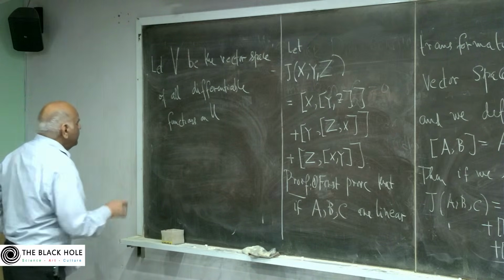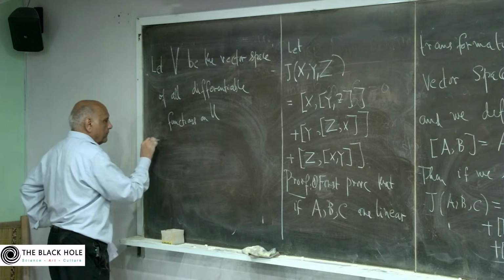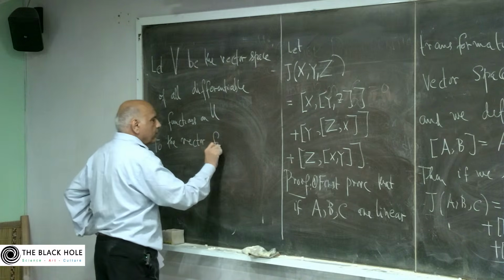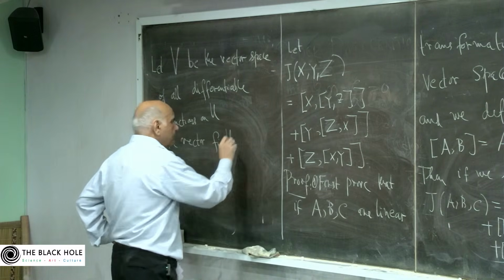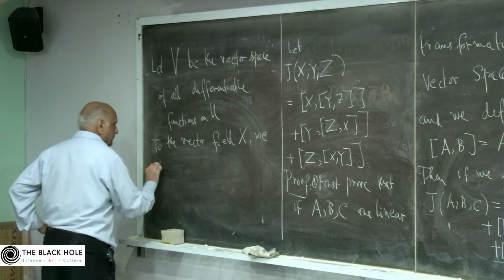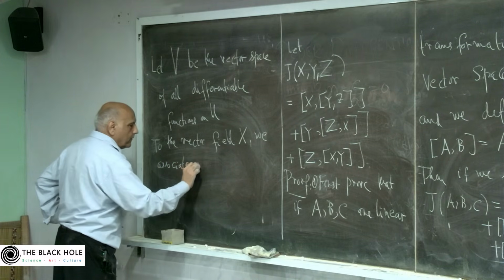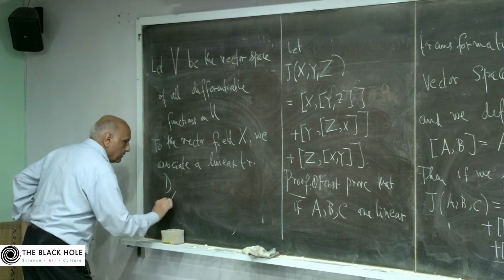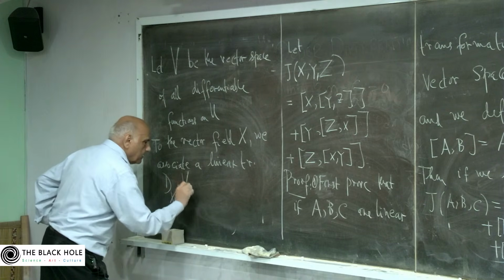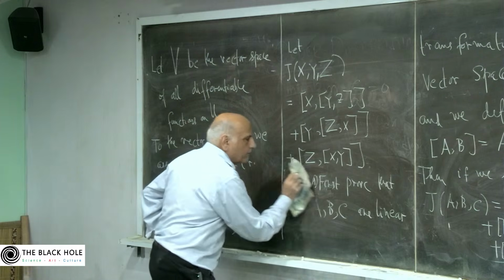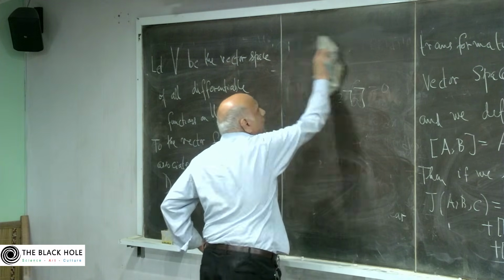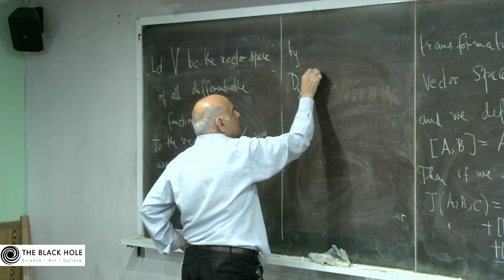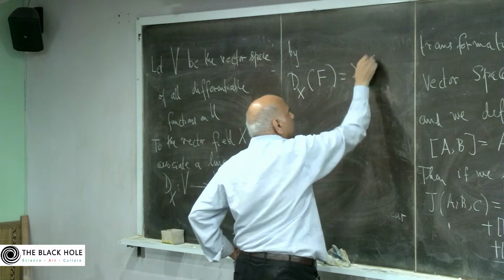So to every vector field X, we associate a linear transformation dx from capital V to capital V by dx of f is X operating on f.